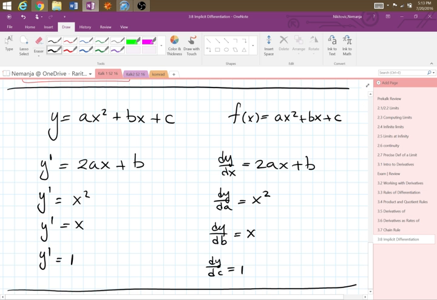Why are you writing this x? But a is the variable there. X is the parameter. Because the denominator of this notation, this is Leibniz notation, tells us what is the variable, which means that all other letters in that expression in calculus 1 become parameters.